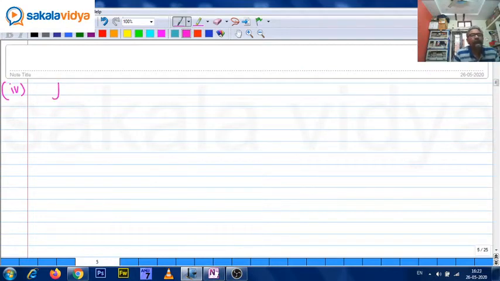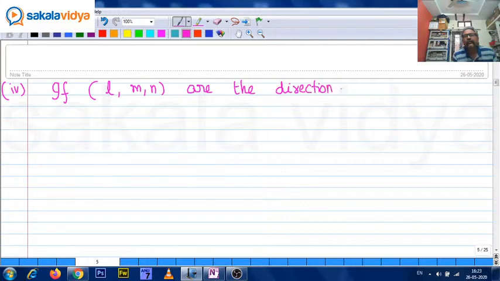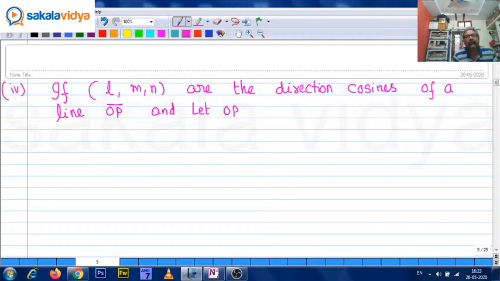Suppose l, m, n are the direction cosines of a line OP, and the length of OP, the distance from O to P, is r units.